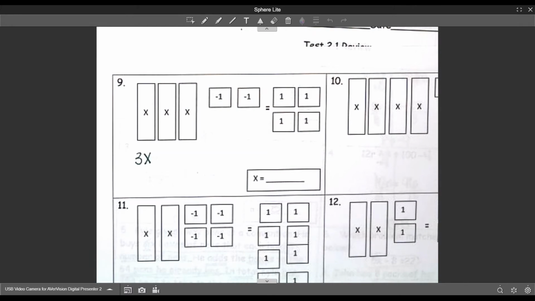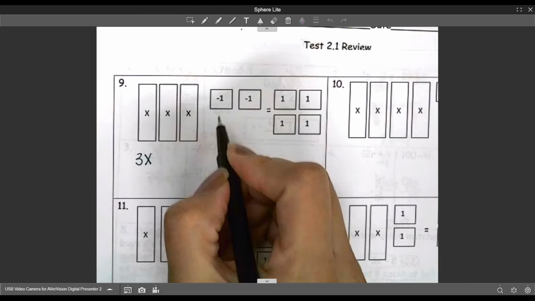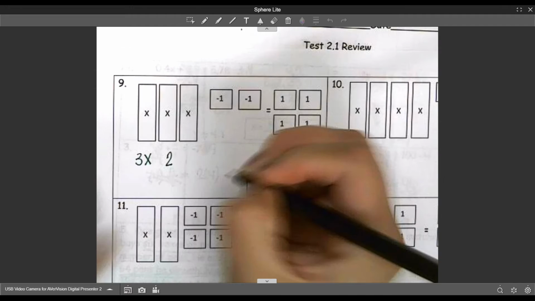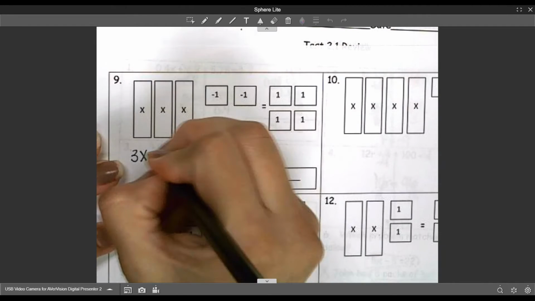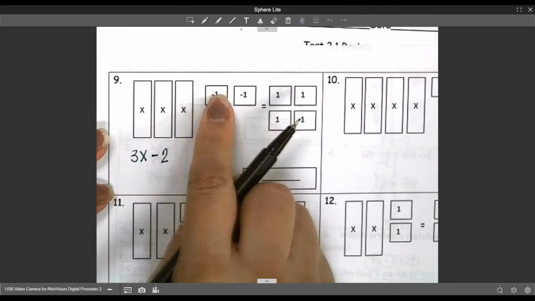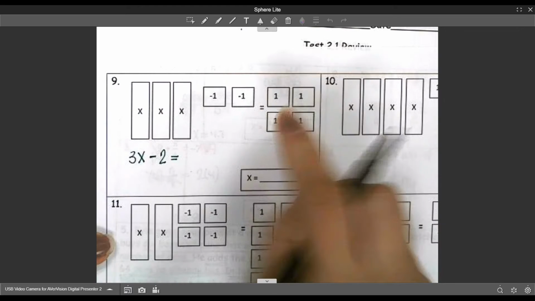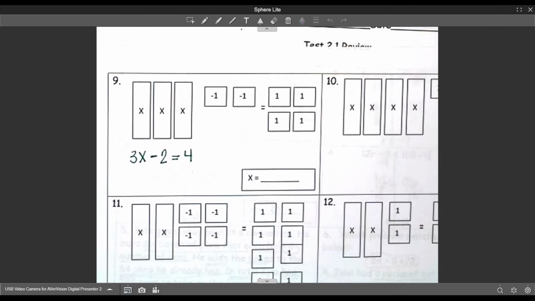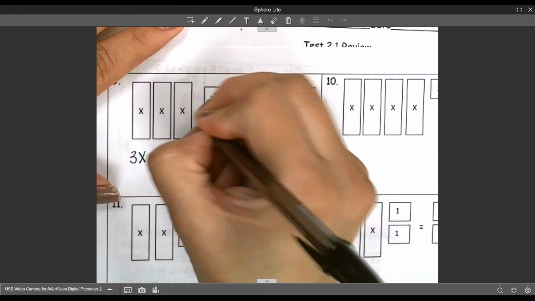And then, how many boxes here? 2. Positive or negative? I have a middle negative sign, so negative. So it's going to be 3 x's minus 2 equals 1, 2, 3, 4, 4. And they're positive. So 3x minus 2 equals 4. And what I'm going to do is I'm going to work it out. I'm going to move it over here just so that I can have a little bit more space.